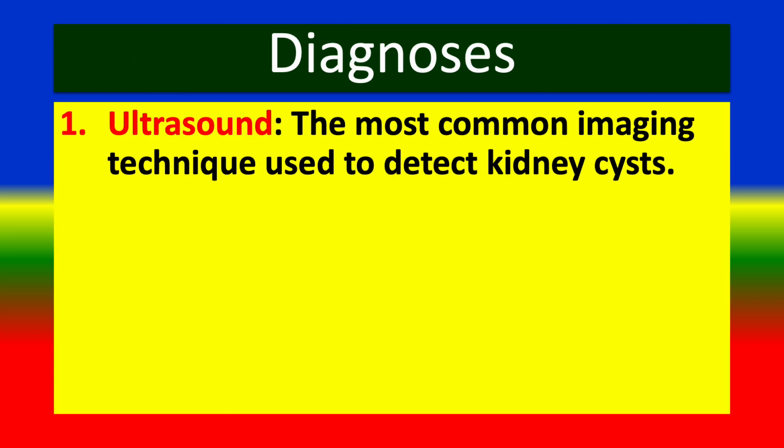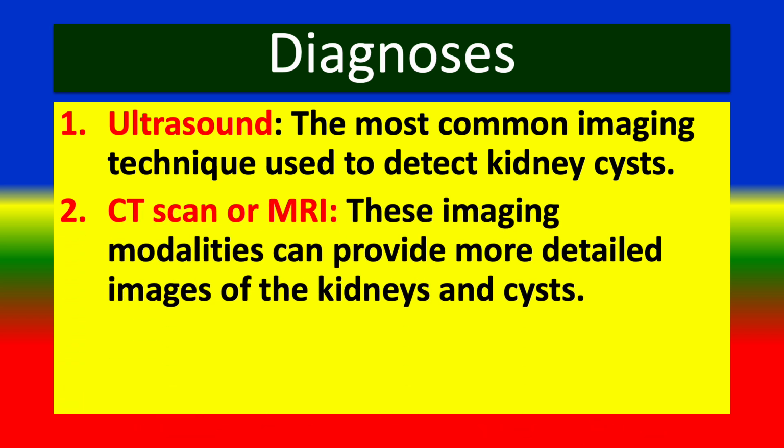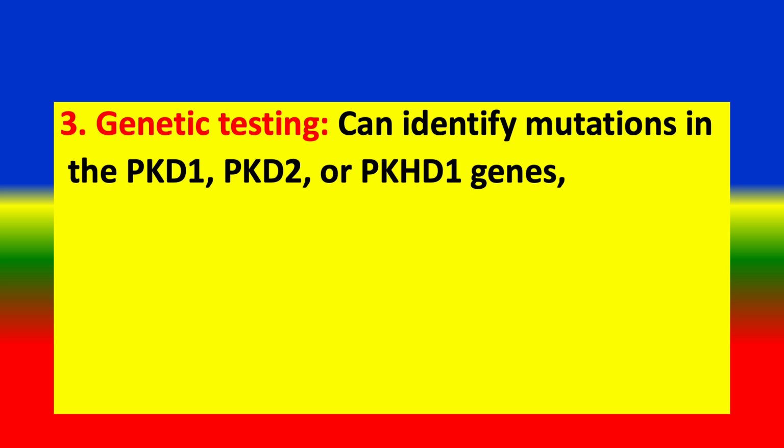Diagnosis. 1. Ultrasound, the most common imaging technique used to detect kidney cysts. 2. CT scan or MRI. These imaging modalities can provide more detailed images of the kidneys and cysts. 3.